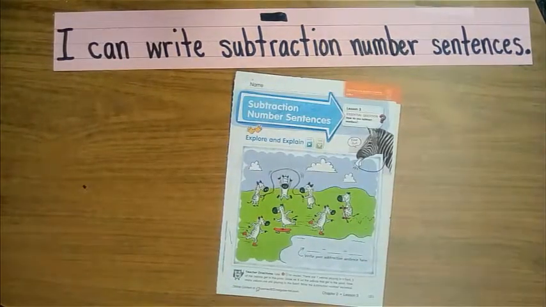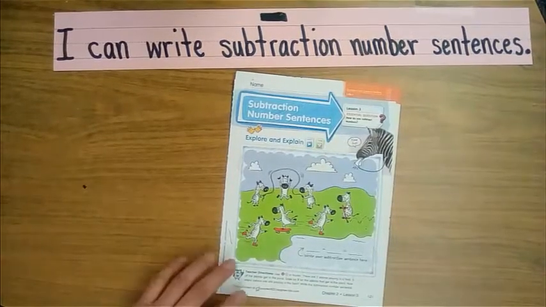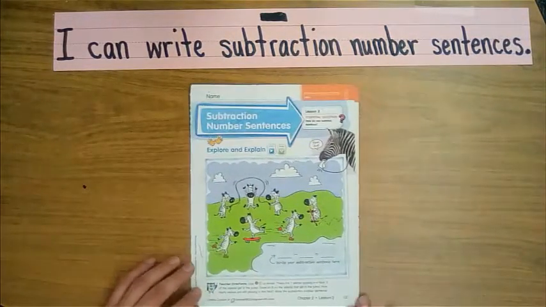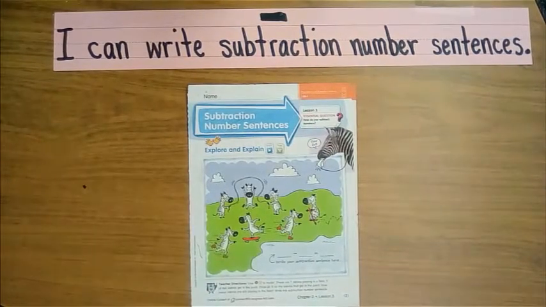Okay, now it's time to get your math book out. Make sure to turn to page number 121 and get ready to do these with me. So now, it says that we have 7 zebras playing in a field. 5 of the zebras get in the pond.